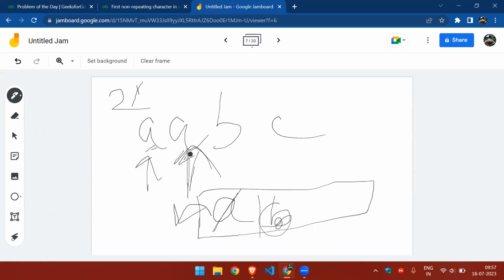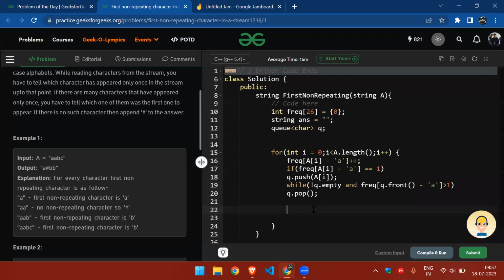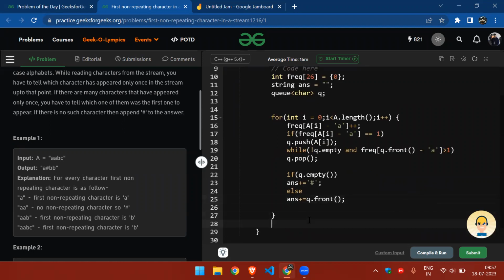Since there are no characters in my queue, I'll simply append hash in my answer. So if queue is empty, answer plus equals hash. Else, if there are characters, answer plus equals queue front. At last, I'll return my answer.